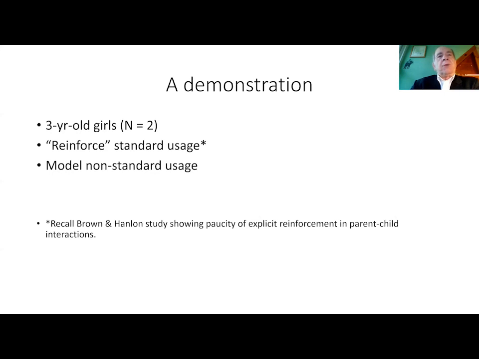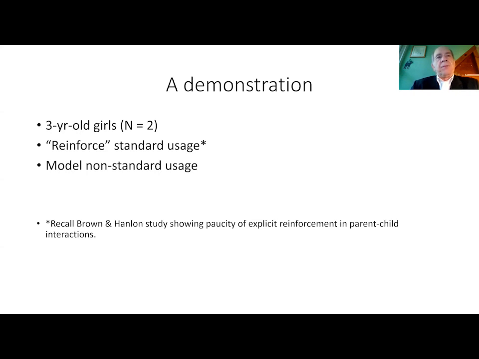I say recall the Brown and Hanlon study showing paucity of explicit reinforcement in parent-child interactions. Now, we didn't actually go over this earlier, but I had hoped to do so. Anyway, Brown and Hanlon showed that parents don't do a lot of explicit instruction of the grammar of their language with their kids.